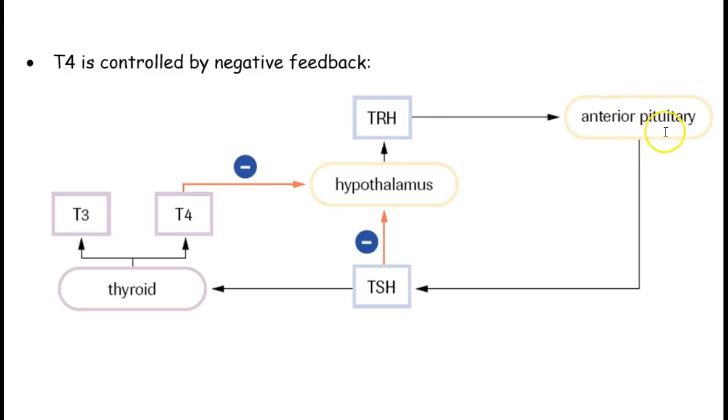The pituitary gland then, as a result of this thyroid releasing hormone reaching it, releases another hormone called thyroid stimulating hormone. This hormone, the TSH, is going to stimulate or activate the thyroid to release more T4. And so that's how that loop works. So if there isn't enough T4, the message goes from the hypothalamus to release the TRH, which signals the pituitary to release TSH, which then stimulates the thyroid gland.